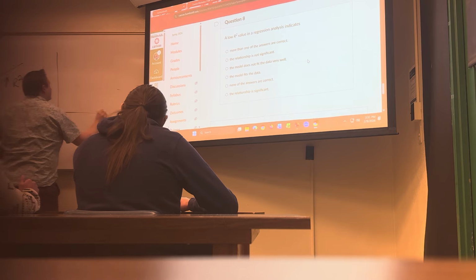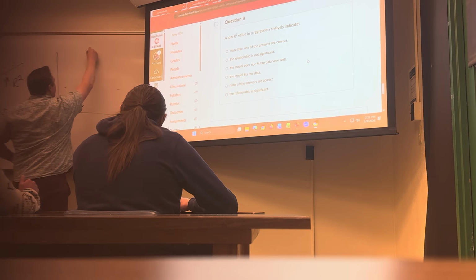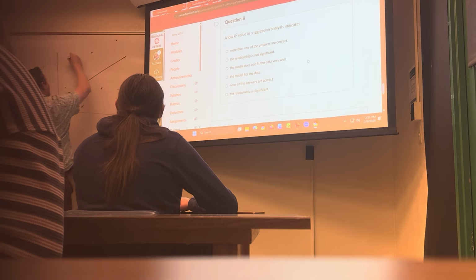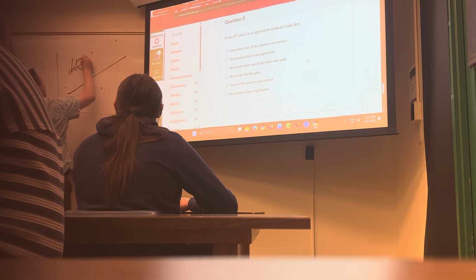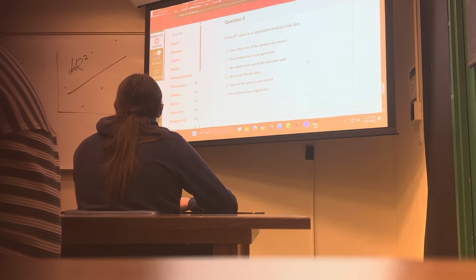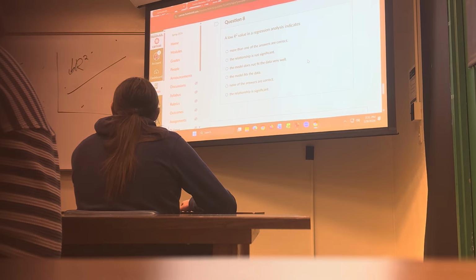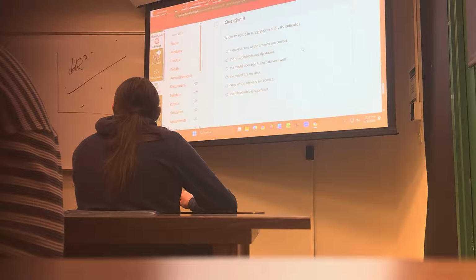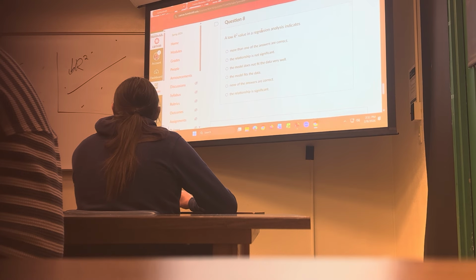And in this graph right here, this is a low R-squared value. Okay? So remember that the R-squared value is not the same as a p-value. Okay?